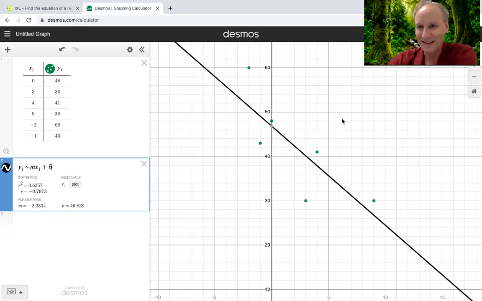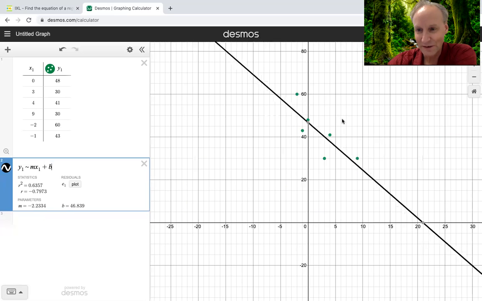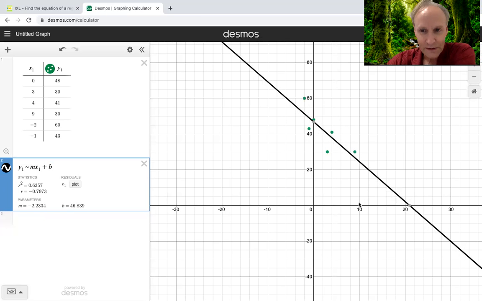Now let's see what her ultimate speed could be. If the temperature is 21 or a little over 20 degrees, we expect her commute to go down to 0, which of course it isn't going to do. So this point isn't going to work. That's one of the reasons why we talk about a reasonable domain for a mathematical model.